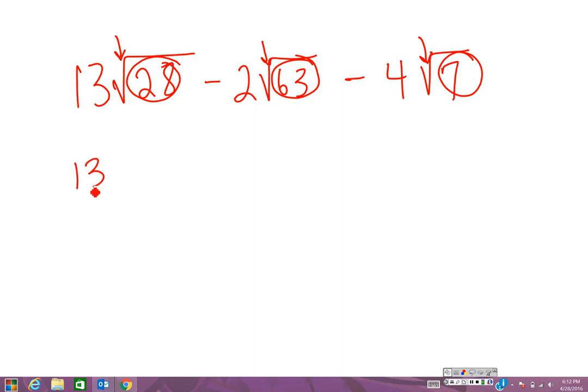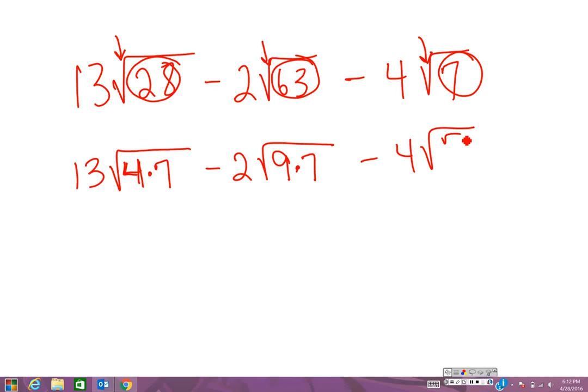So we have 13. We're looking for a perfect square. That's in 28, which is 4. You got to get that out. So first have to figure out if we have perfect squares. We have 9 here. And of course, 7 can't be broken down. So we got to basically simplify this.